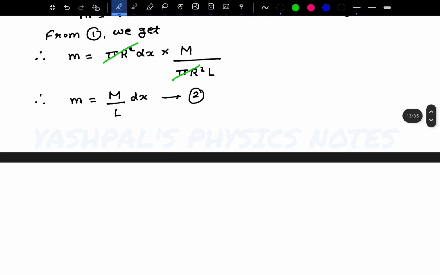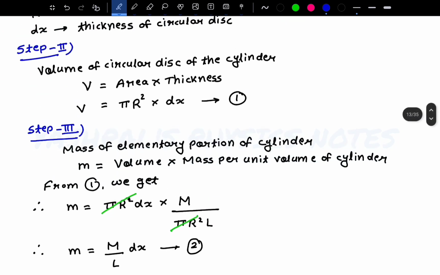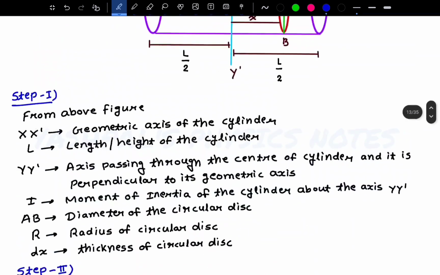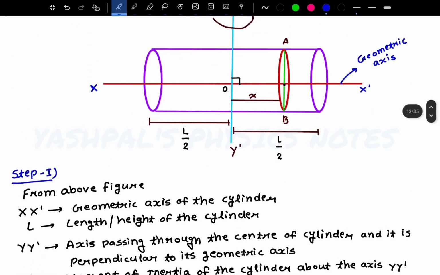Now in step number 4, we are going to find the moment of inertia of this small circular disc which we have considered.